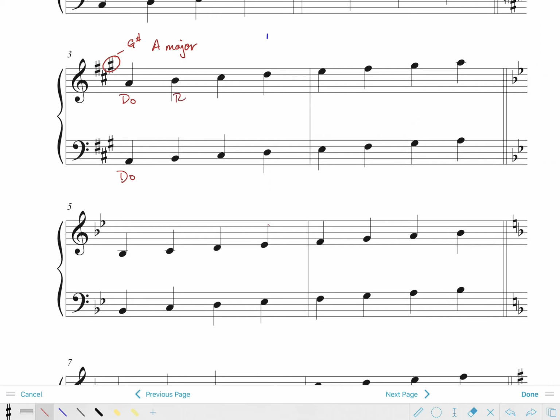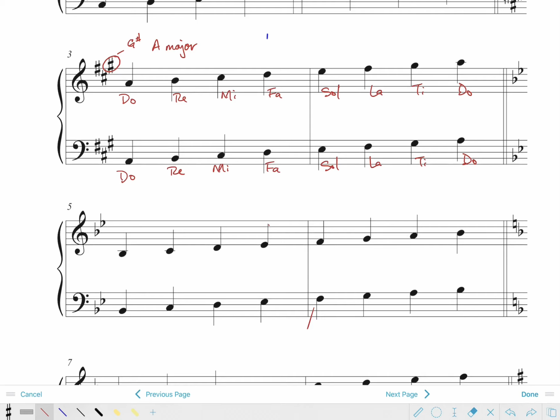That means that this note here will be re, and this note here will be mi, fa, sol, la, ti, and do, regardless of the octave. So if I sing it, sing along with me. Do, re, mi, fa, sol, la, ti, do.